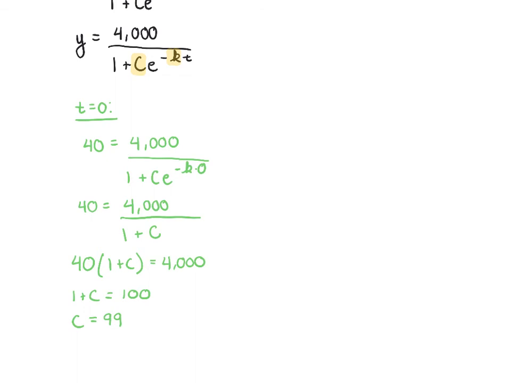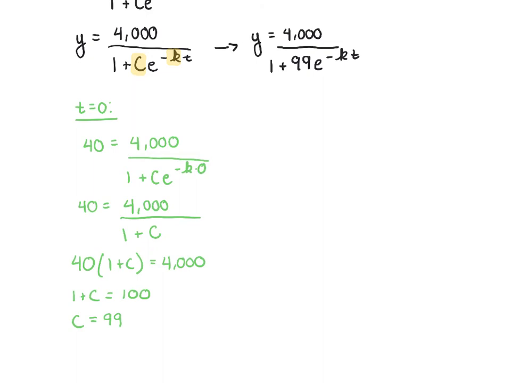Now we can pop that in right here. So we advance to y equals 4,000 over 1 plus 99e to the negative kt. And then we just need to find a value for k. What other information can we use? After 5 years, the elk population is 104.